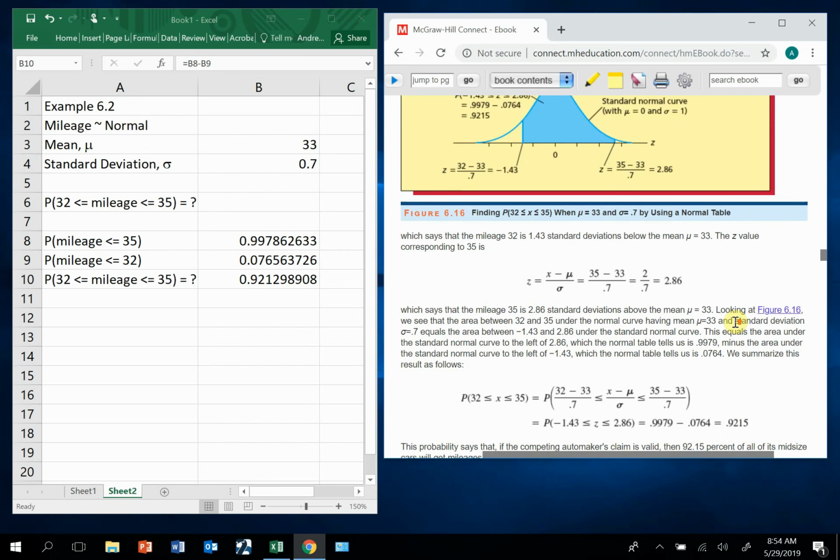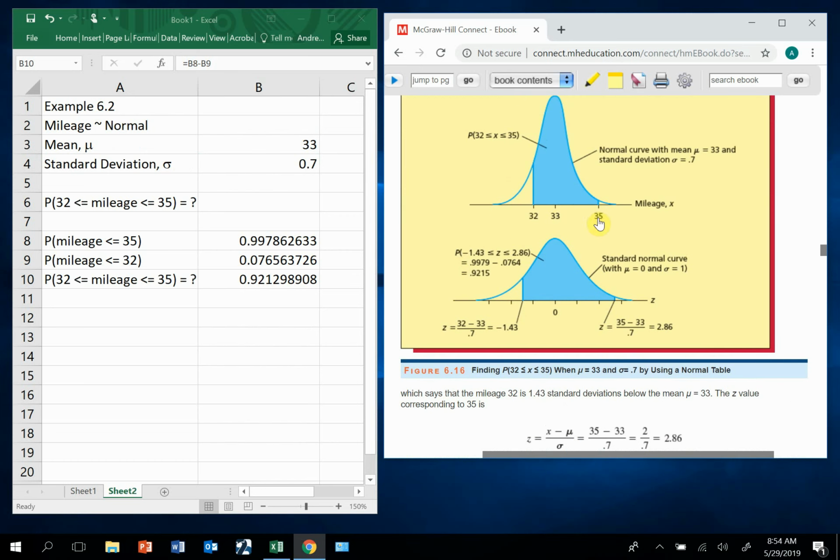But how they solved it in the book is they actually converted to a z-score. So let's calculate the z-score for 35 and 32 and do the same thing. First, the z-score for 35 is 35 minus the mean in the numerator, divided by the standard deviation in the denominator.